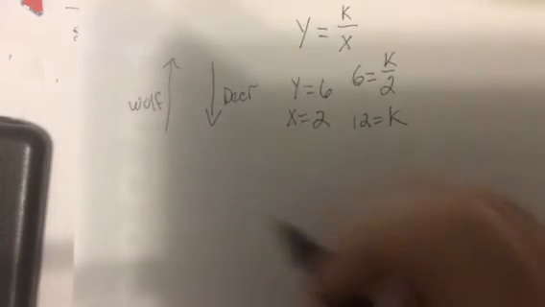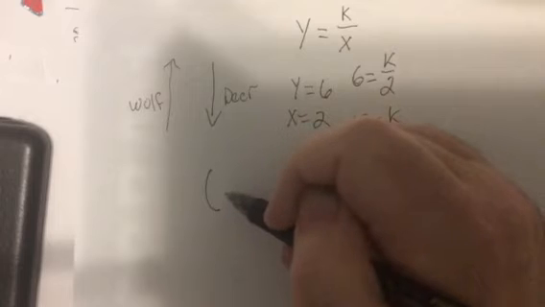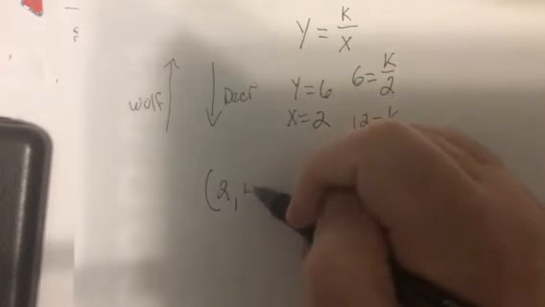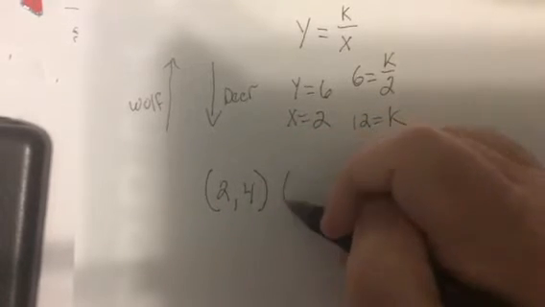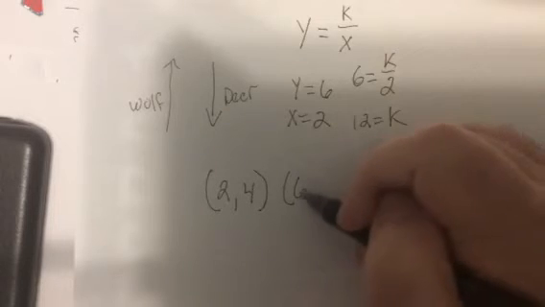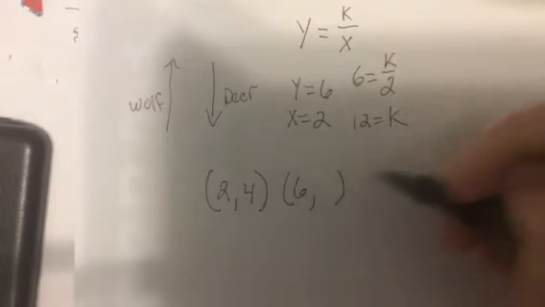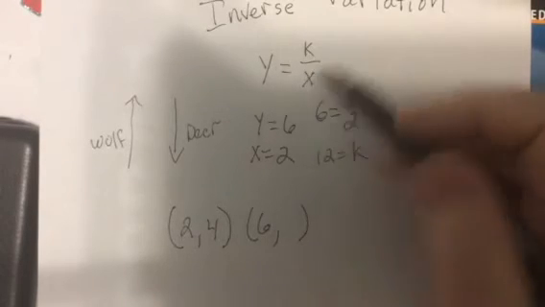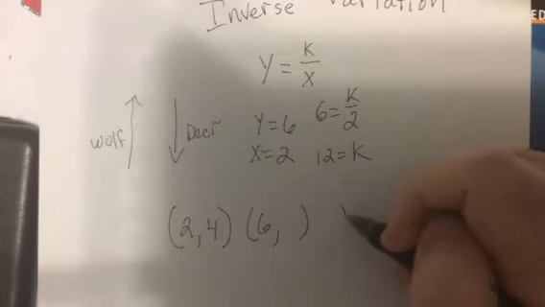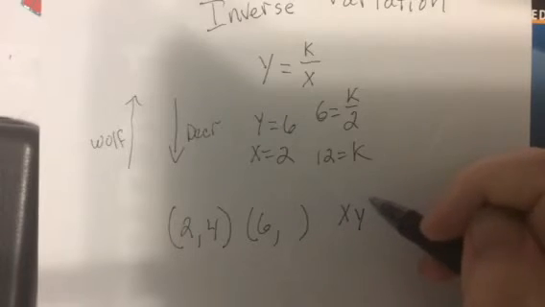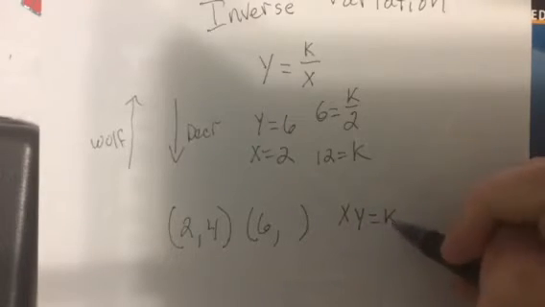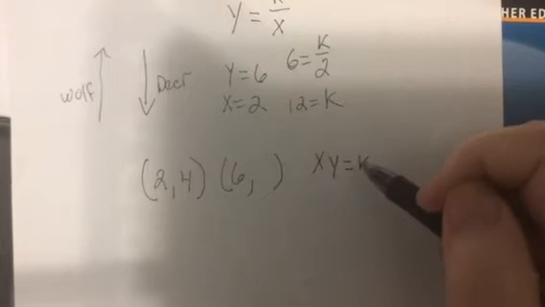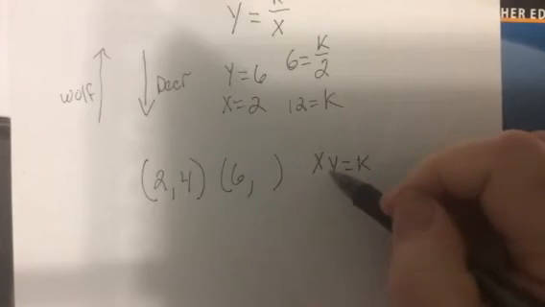So, if I say, okay, we have 2, 4, and we have 6, what? Well, first, solve for k. That would be xy equals k. So for each individual item, k equals xy.